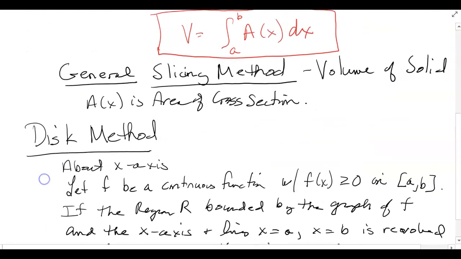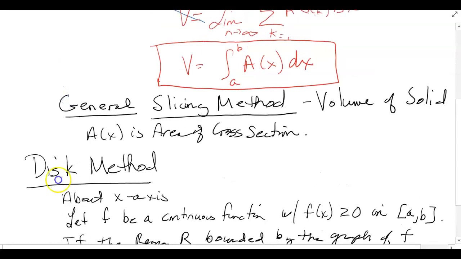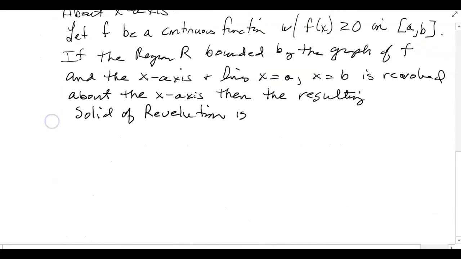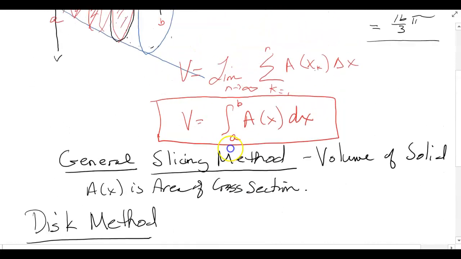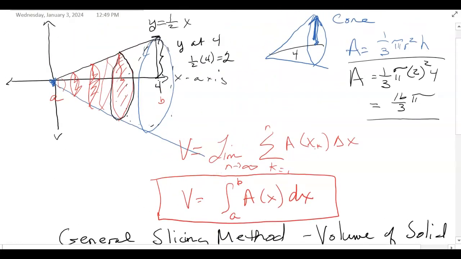So we can adjust our general slicing method a little bit because the area is going to be that of a circle. So the volume equals the integral from a to b. So what is the area of a circle? Area of a circle is pi r squared. So it's pi. Now, how did we get r? R depends on our function.